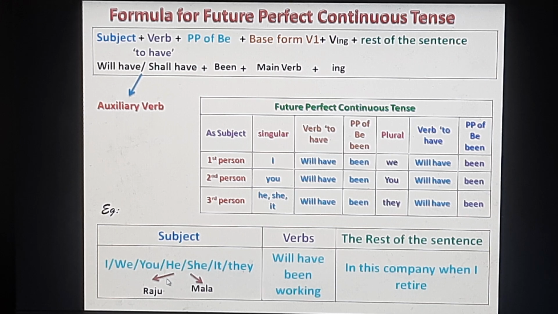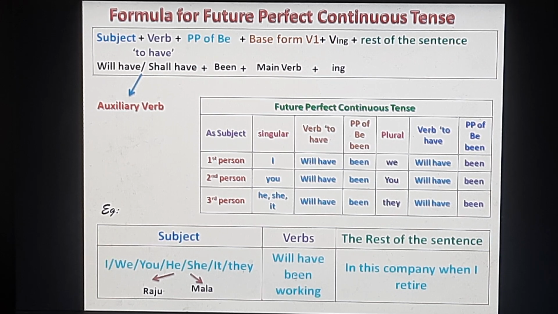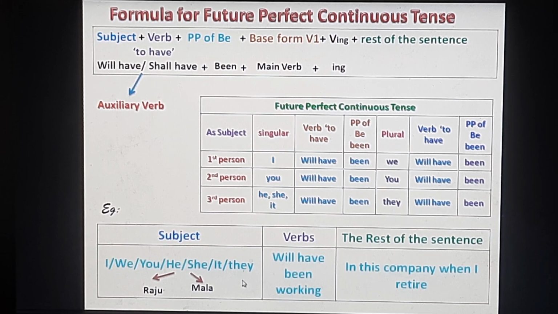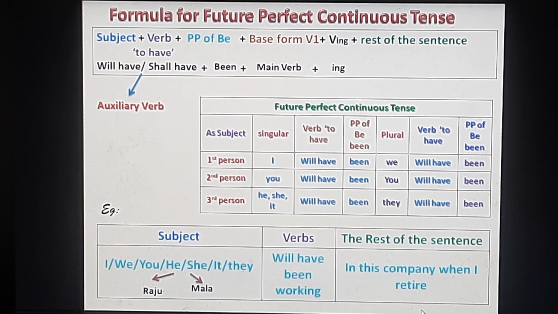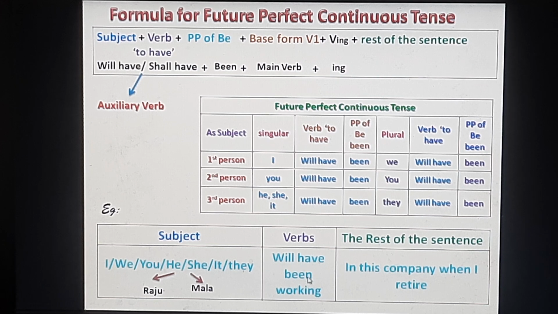It can be substituted with Raju and Mala, the third person singular, will have been working in this company when I retire. They, third person plural, will have been working in this company when I retire. So irrespective of your number and person, your verb is will have been in the future perfect continuous tense.